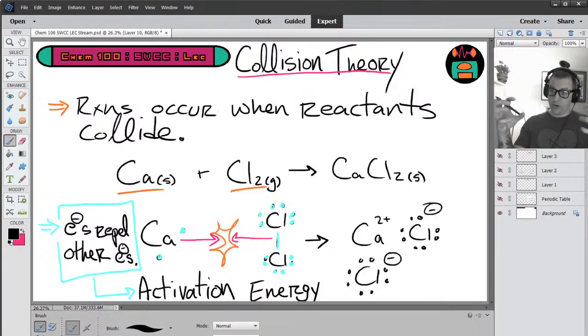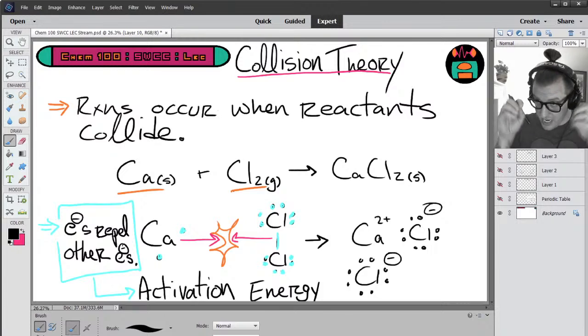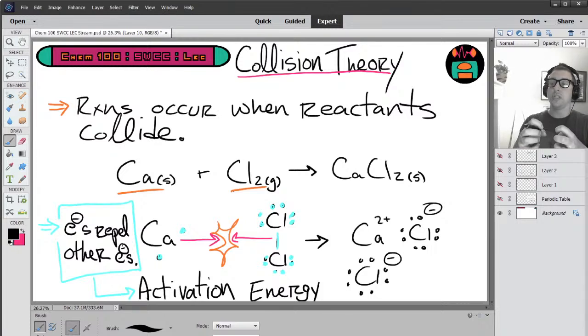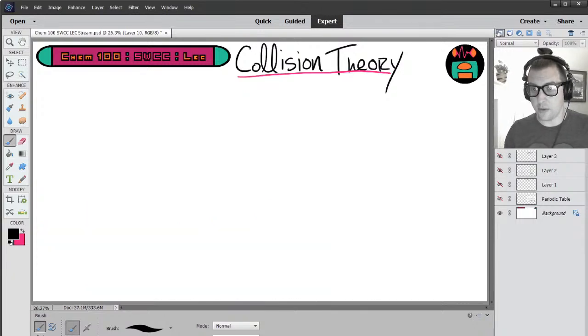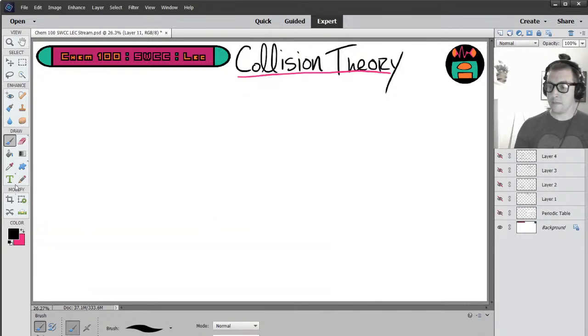You have to overcome the fact that these electrons do not want to touch so bad. You have to put in enough energy to overcome that repulsion in order for the reaction to take place. This is true for every chemical reaction.